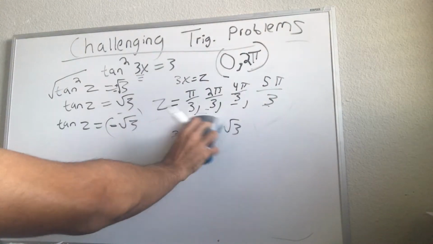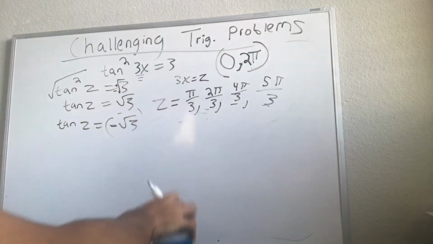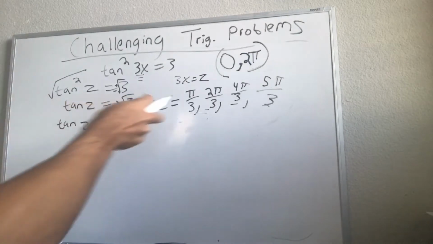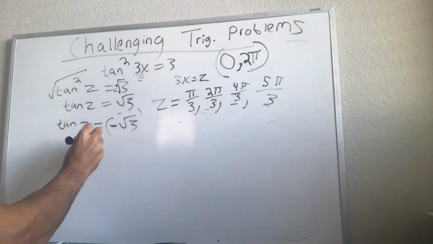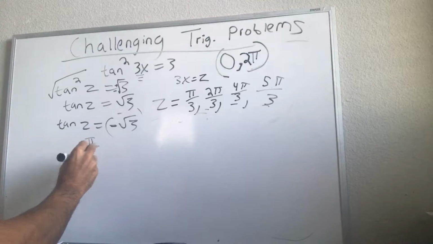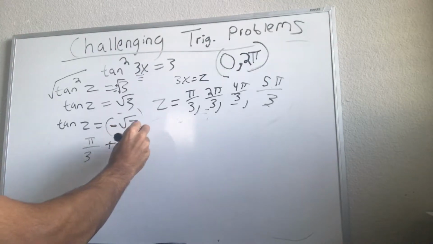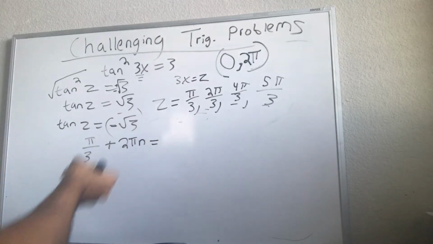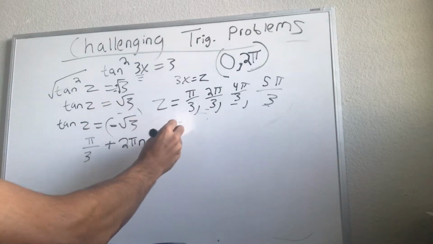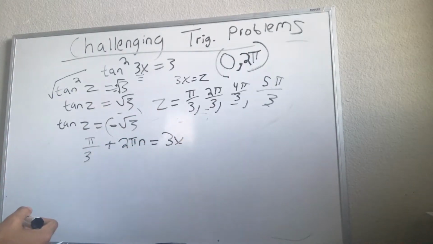Now, why I said this is challenging is because we use that same concept. So we see that pi over 3 plus 2 pi n is equal to 3x, because that's what we had originally.